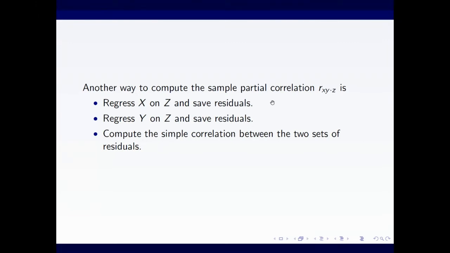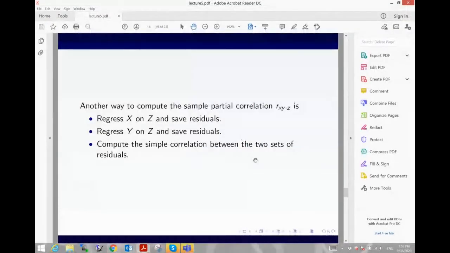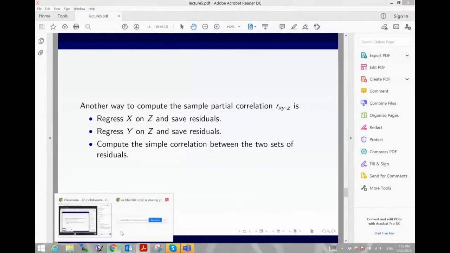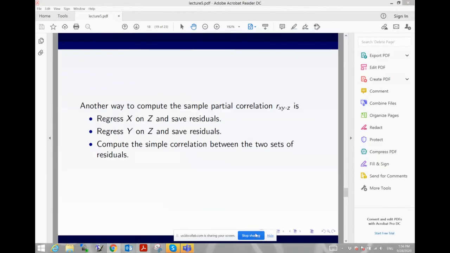So partial correlation is the same as the simple correlation of the two residuals, because by having these residuals, we are removing the effect of z. Okay, then let's look at the example.